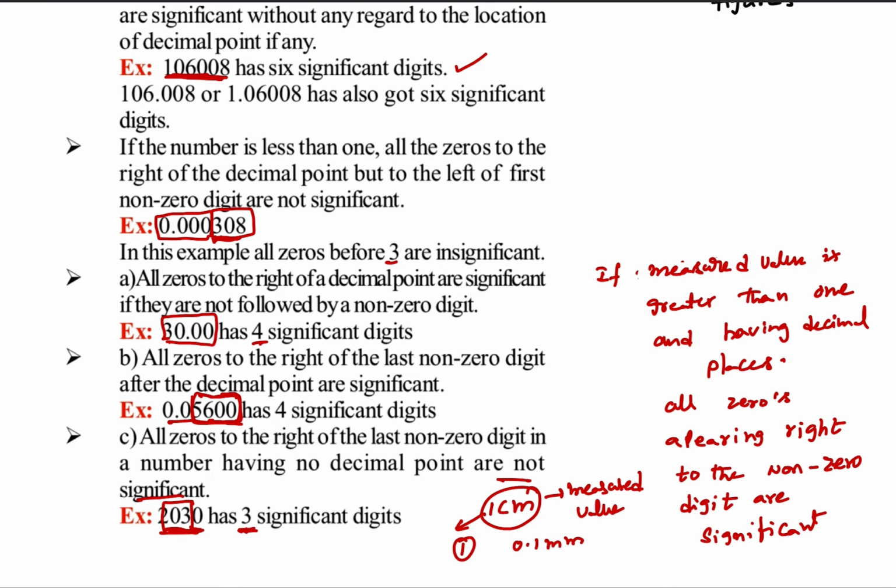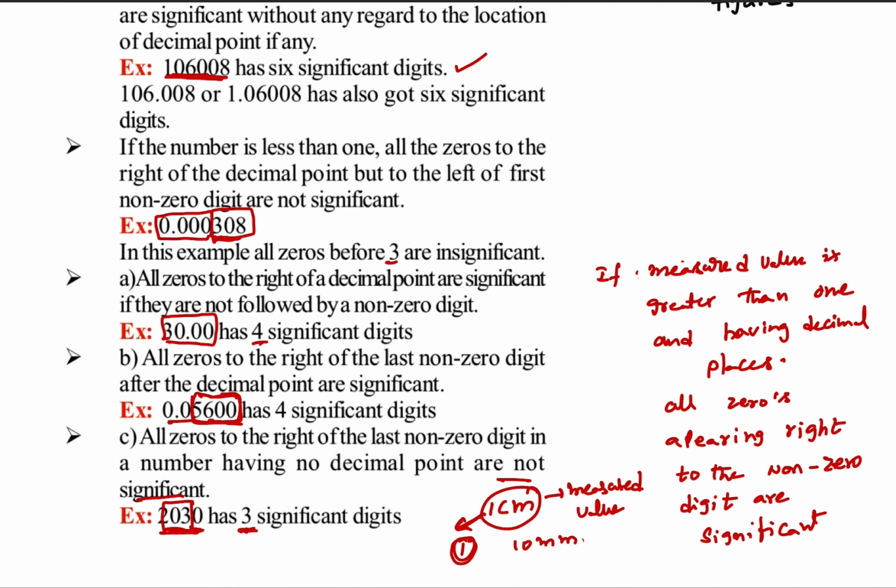Okay, now the number of significant digits is 1 only. Same thing, I can write this as 0.1 millimeter also, sorry, I wrote it wrong. I can write this as 10 millimeter also.